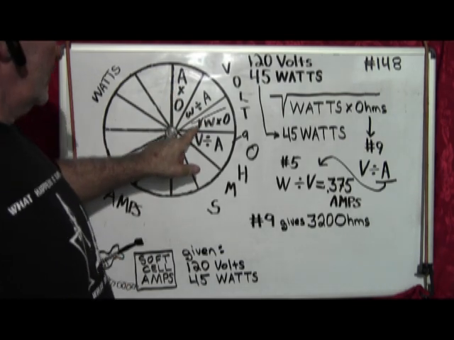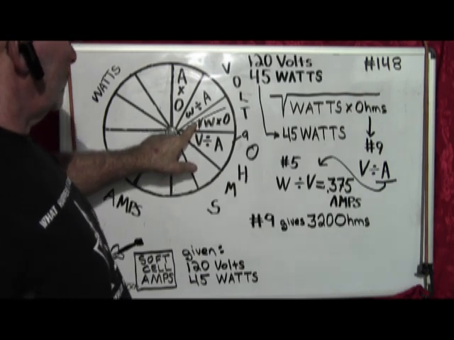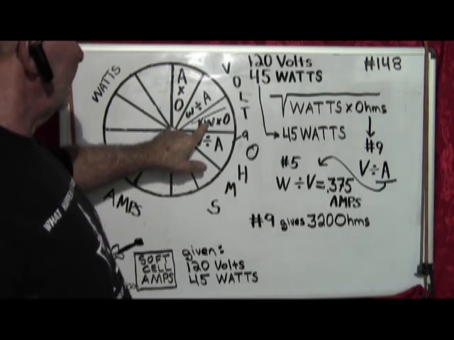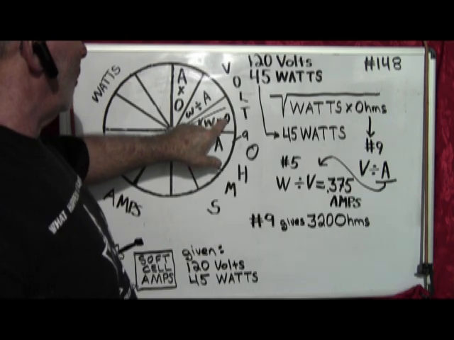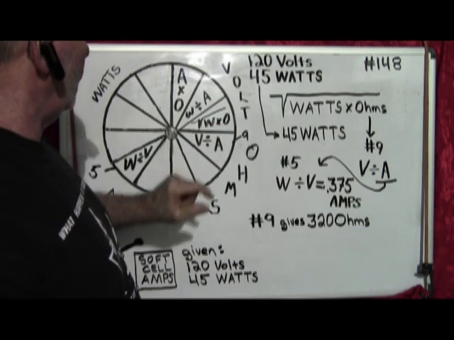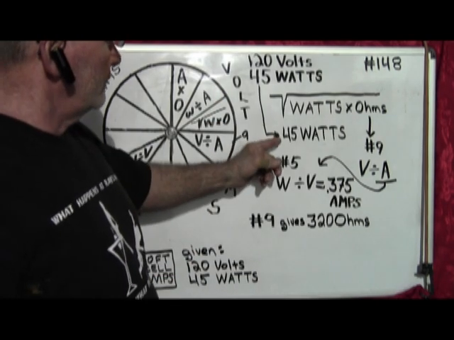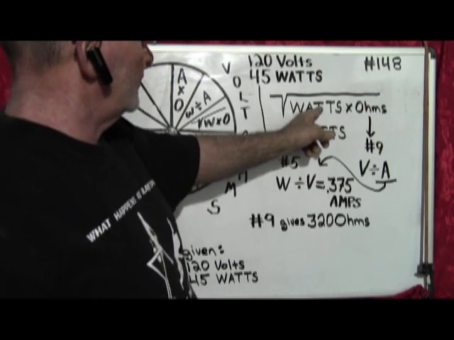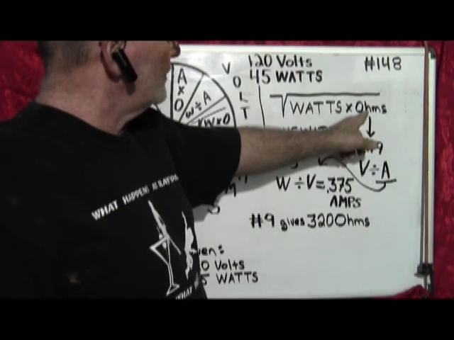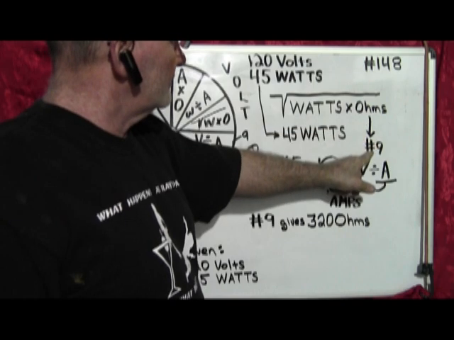The first equation is the square root of watts multiplied by ohms will give you volts. We're already given 45 watts in this part of the formula, so we have to solve for ohms.